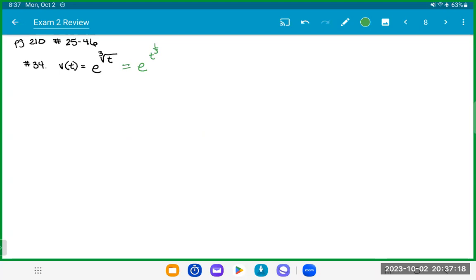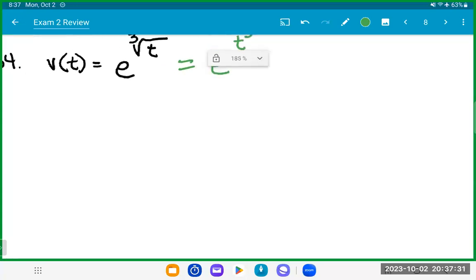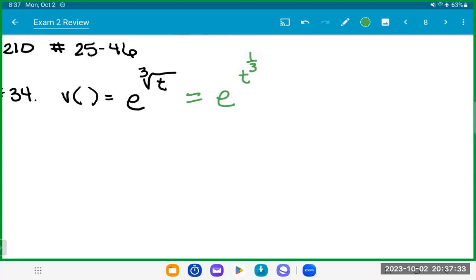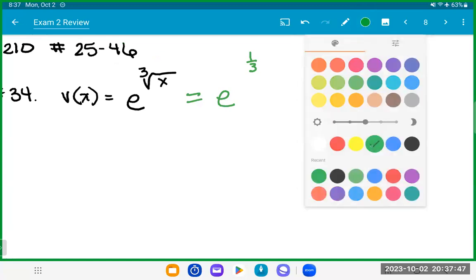Actually, let's make these x's, because we're all probably in the habit of writing x's, and I don't want to add a layer of confusion.